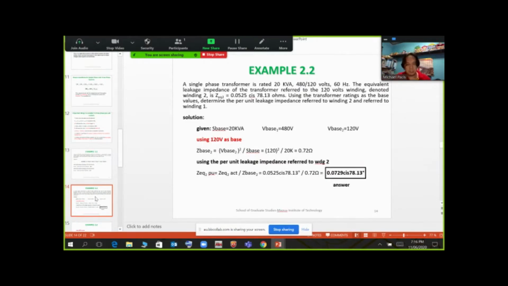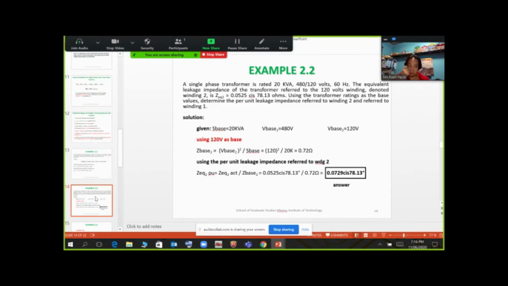This example is a transformer example as well, in single phase, and we can use the primary or secondary basis of the transformer. But this is different because instead of percentage, the given is in actual values.